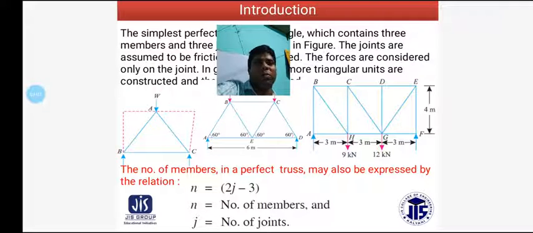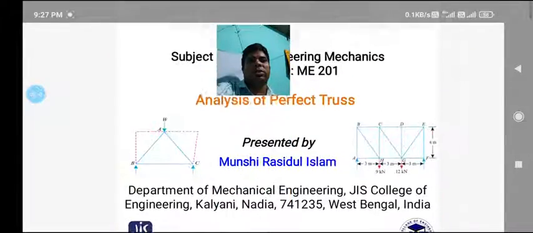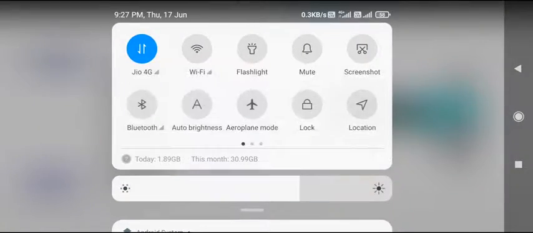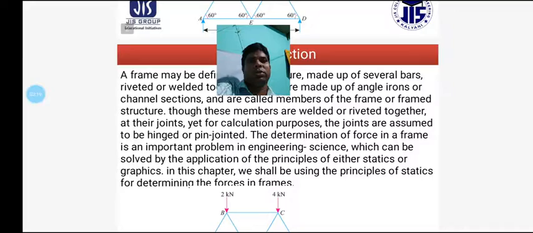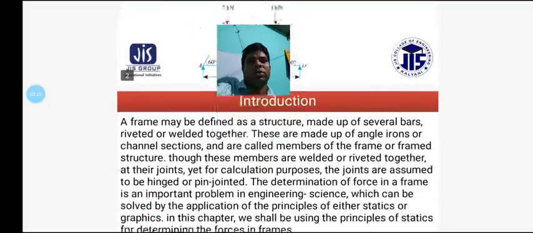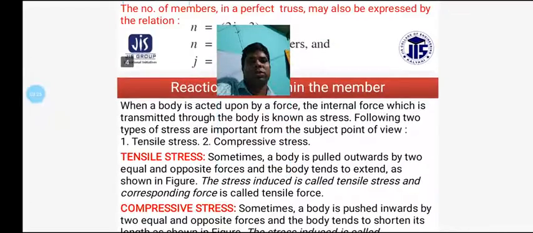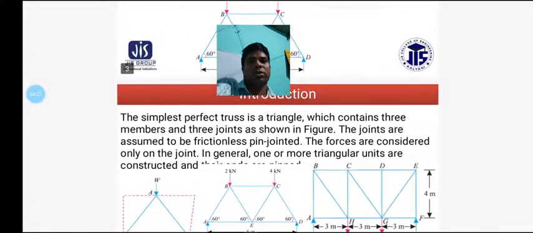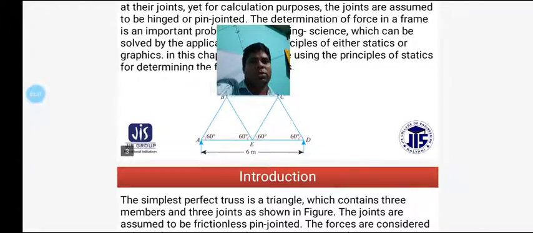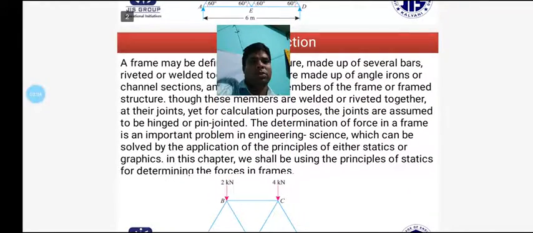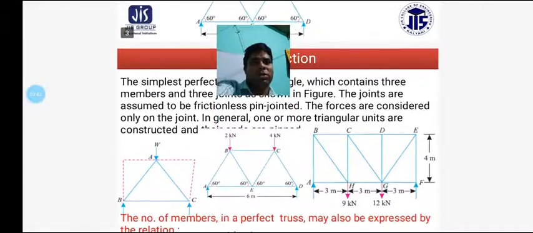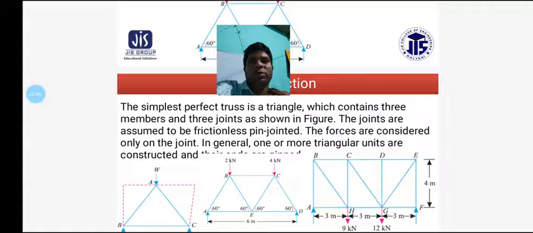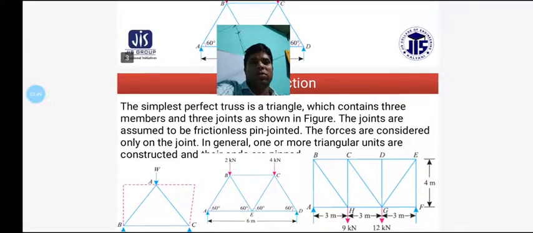So the number of members in a perfect truss, in general units are constructed here.